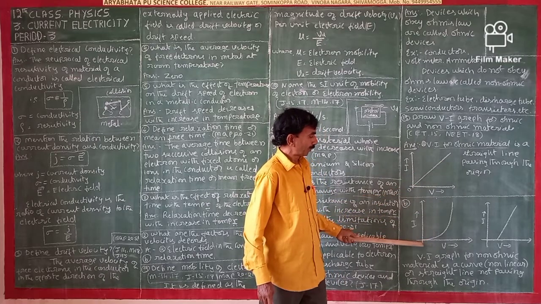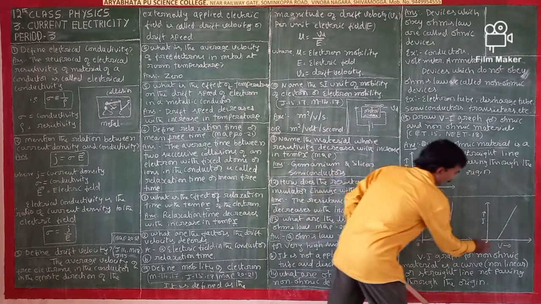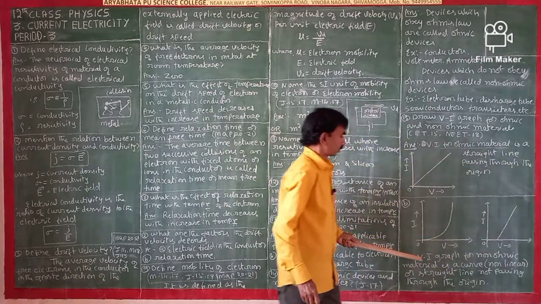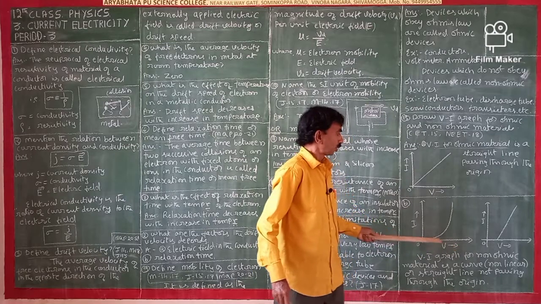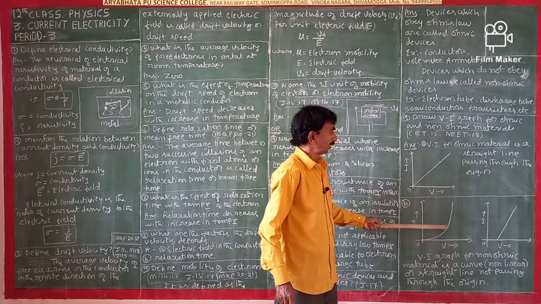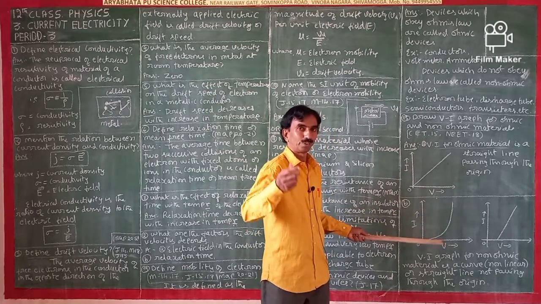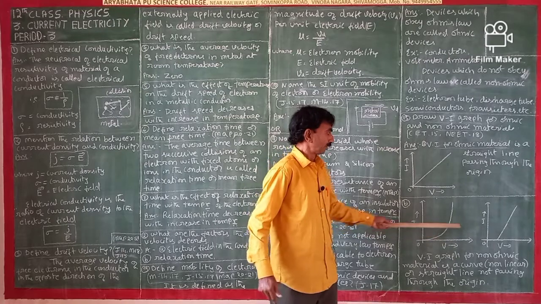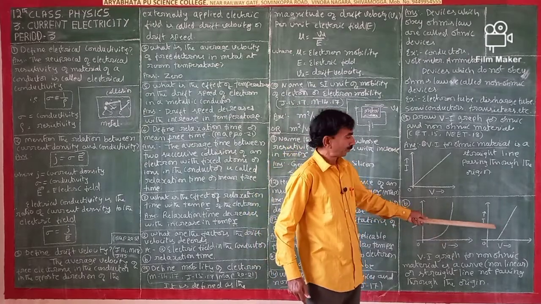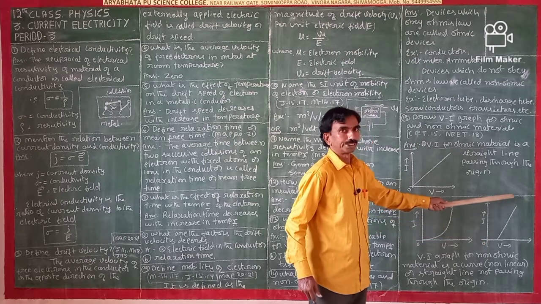For non-ohmic devices, the graph does not pass through the origin. The VI graph for non-ohmic devices is a non-linear curve, as for gas discharge tube, TV tube, tubelight. For semiconductors, it is a straight line but not passing through the origin.